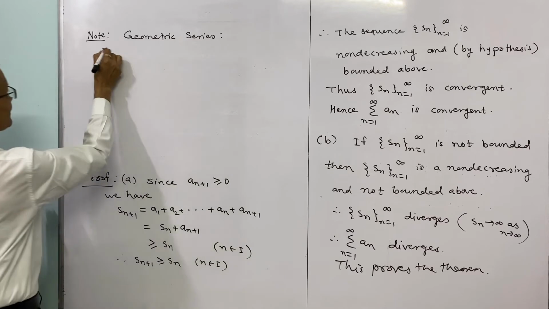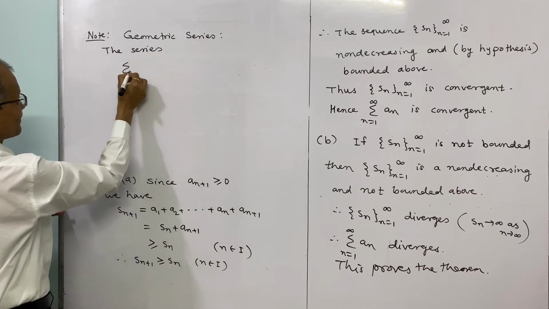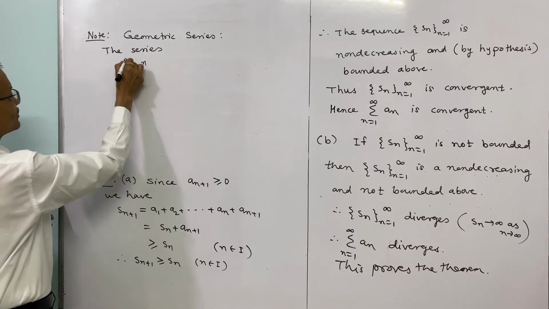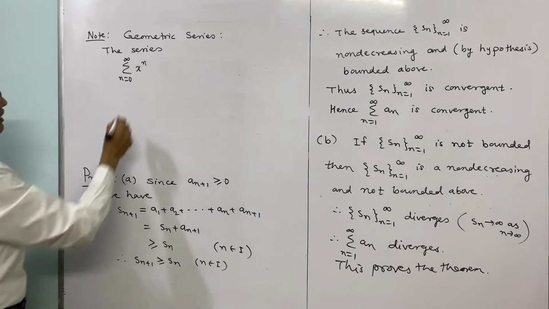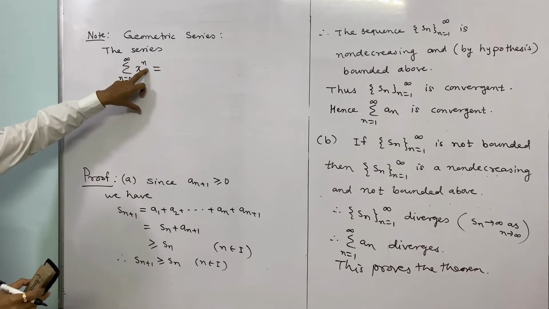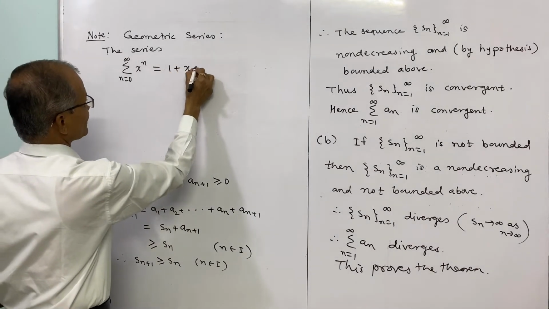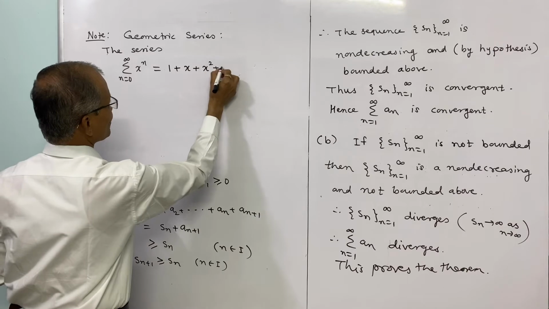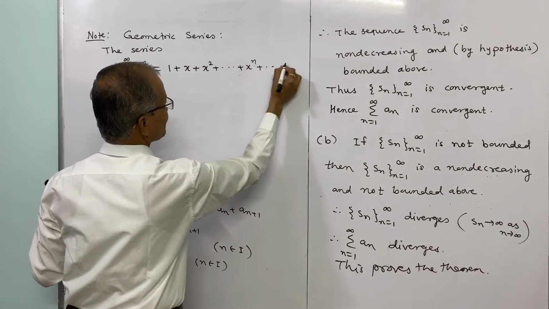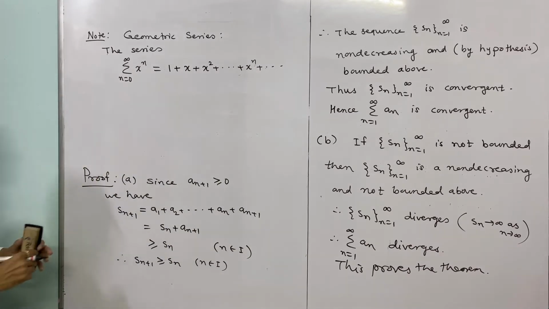The series summation x to the power n, where n takes value 0 to infinity. If n takes value 0 to infinity, what is the first term? x power 0 is 1, then x power 1, that is x, next will be x square, and so on, and generally x to the power n, continued infinitely. This is known as a geometric series.